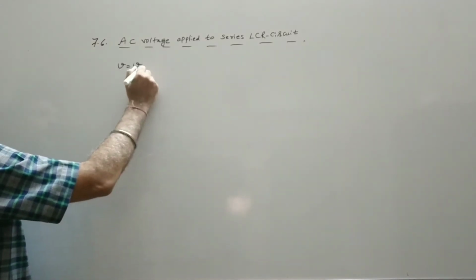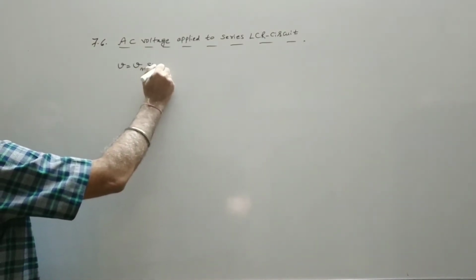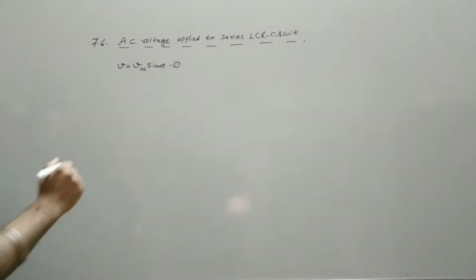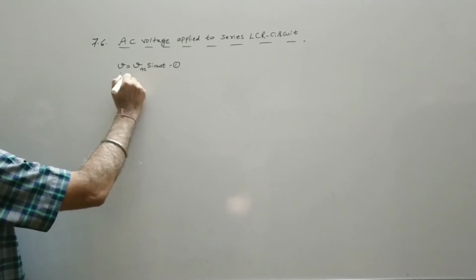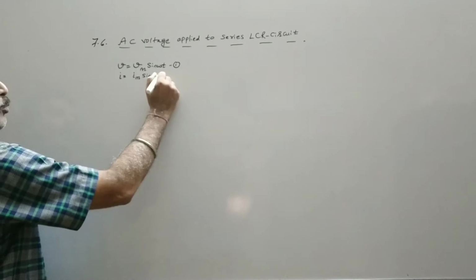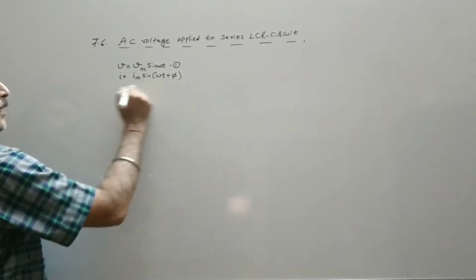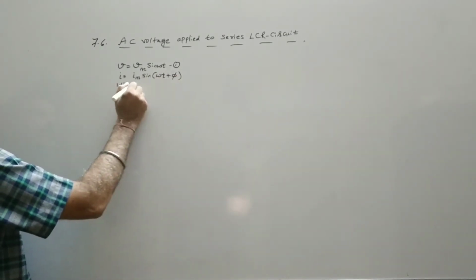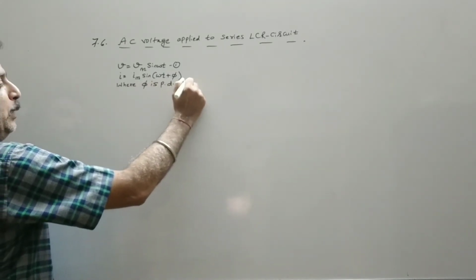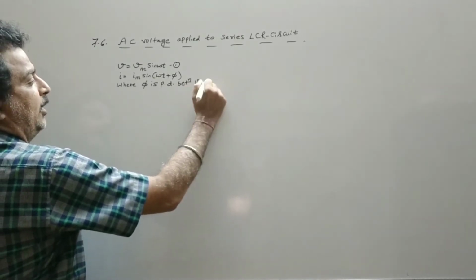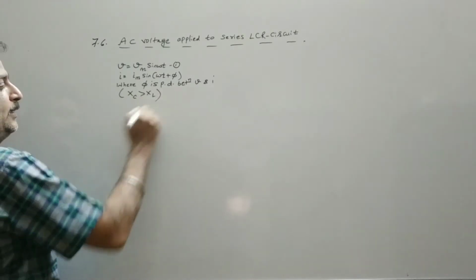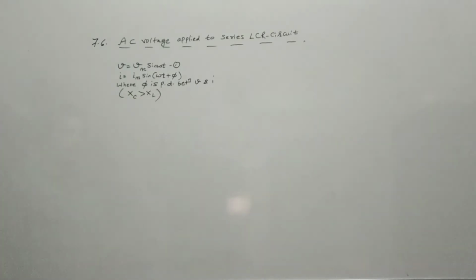The source voltage was Vm sin omega t and we assumed that the current in the circuit is Im sin(omega t plus phi), where phi is the phase difference between V and I. We assume that the circuit is capacitive, that is, Xc is greater than XL.